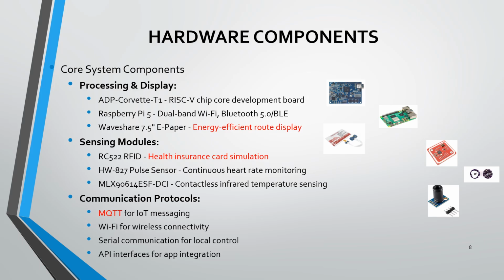Here are the hardware components. In the core system components, there are three parts: processing display, sensing module, and communication protocols. In processing display, there is a RISC-V chip co-development board, dual-band Wi-Fi and Bluetooth BLE, and an energy-efficient route display.